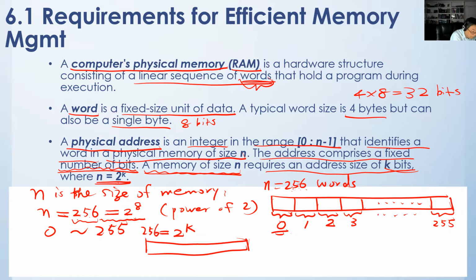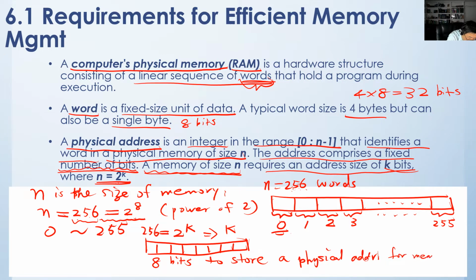So what is k? k is 8. So I need 8 bits to store a physical address for memory of size 256.